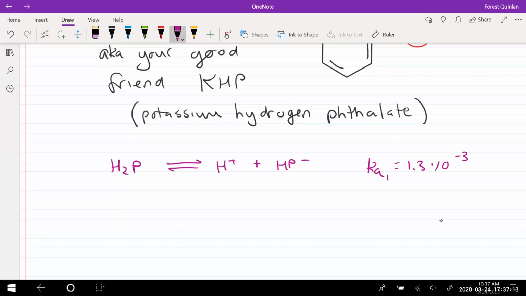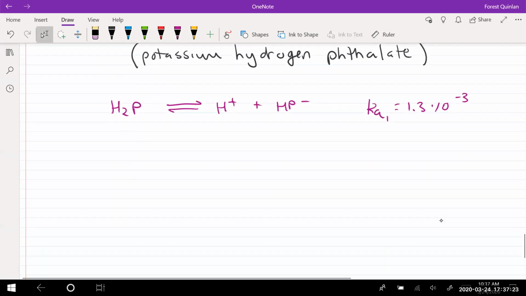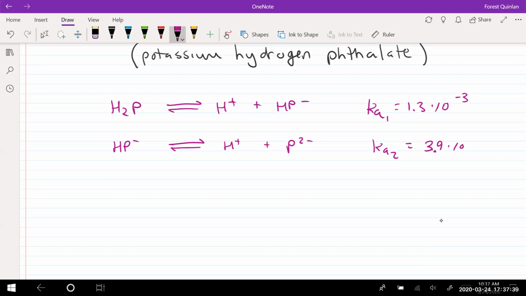I think somebody asked about the 1 versus 2 or something like that. We'll have the second one, HP minus, back and forth to make H pluses and our P2 minuses. That's now a Ka2 equal to 3.9 times 10 to the negative 8.